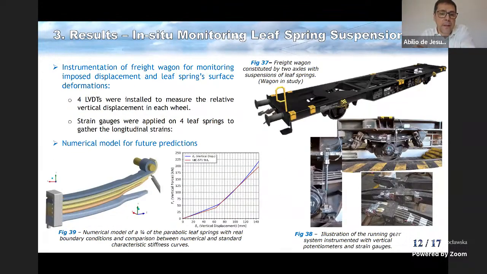After calibrating our numerical model of the spring, so what I call the digital twin being ready, we went to the field and did some campaigns, monitoring real stress spectra in our wagon. We instrumented a wagon with displacement sensors and strain gauges placed on the leaf springs.